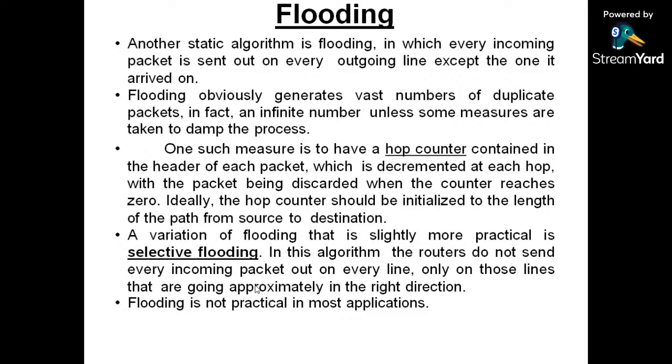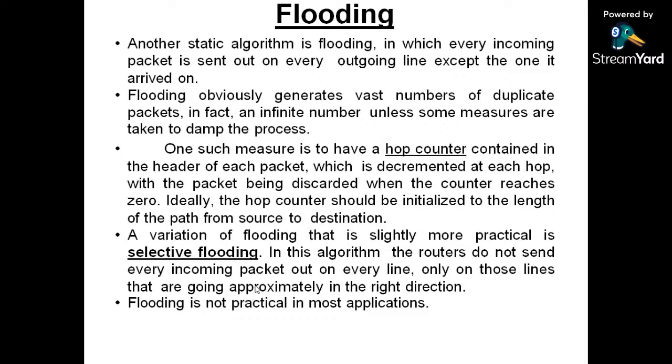One such measure is to have a hop counter contained in the header of each packet, which is decremented at each hop, with the packet being discarded when the counter reaches 0.